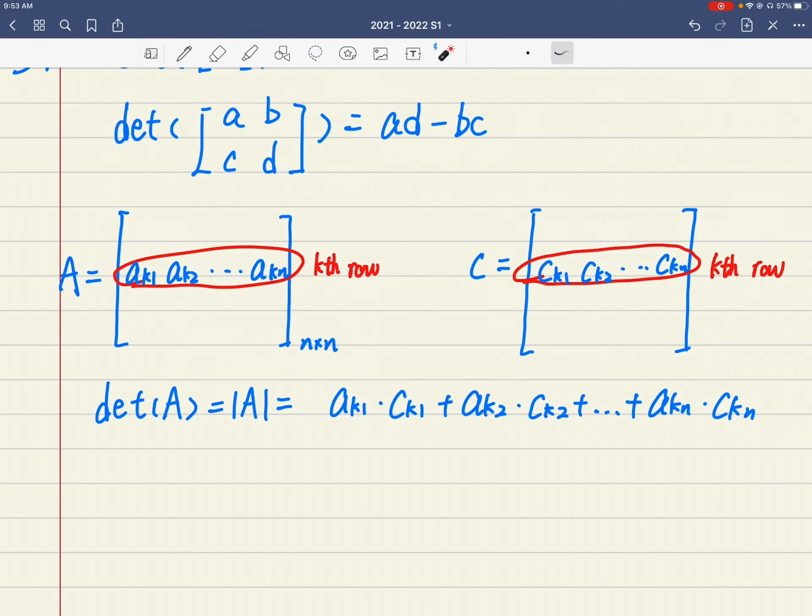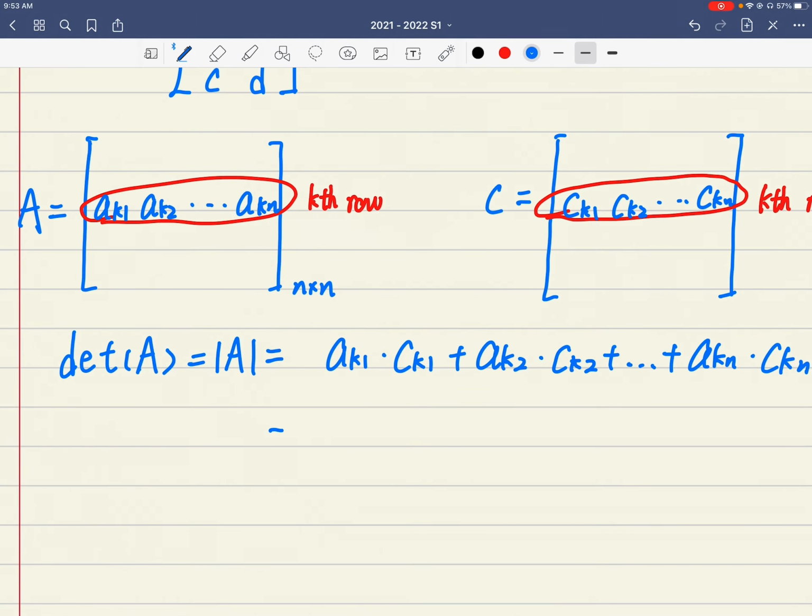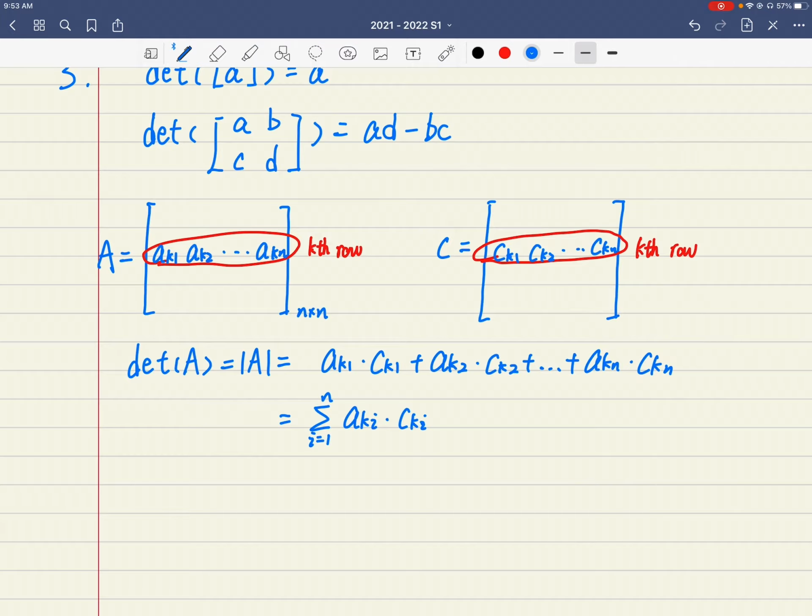You just dot product them, and that sum is the determinant. So it's the summation of A_ki times C_ki for i from 1 to n. This is a general formula for any square matrix determinant.